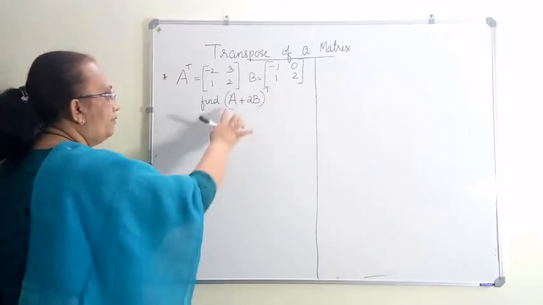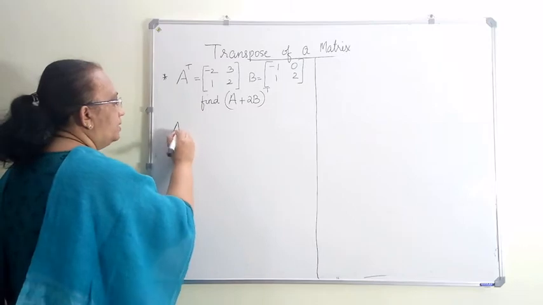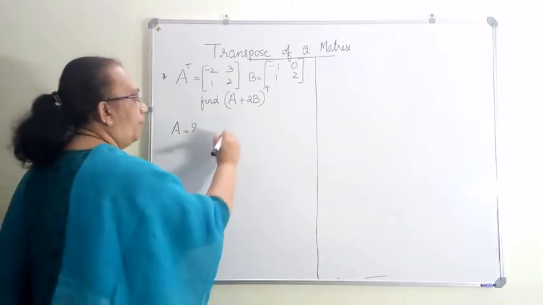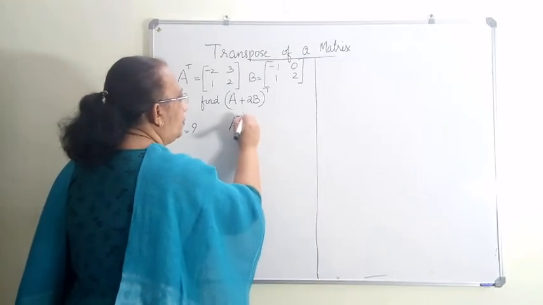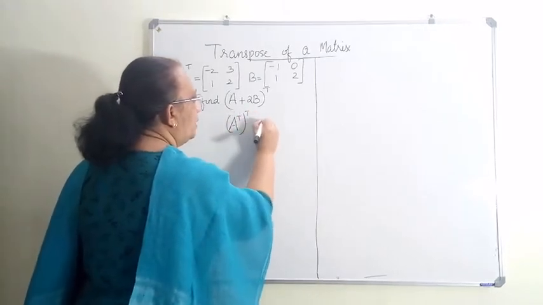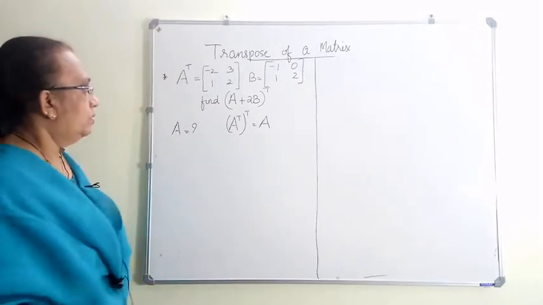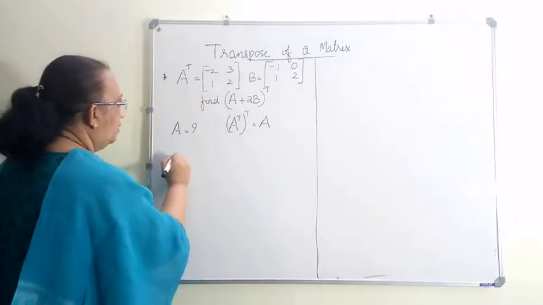But first thing, you have to get A. What is A? Or how do you get A? You know the property A transpose the whole transpose is equal to A. This is a property you are going to apply over here. So A transpose is given.